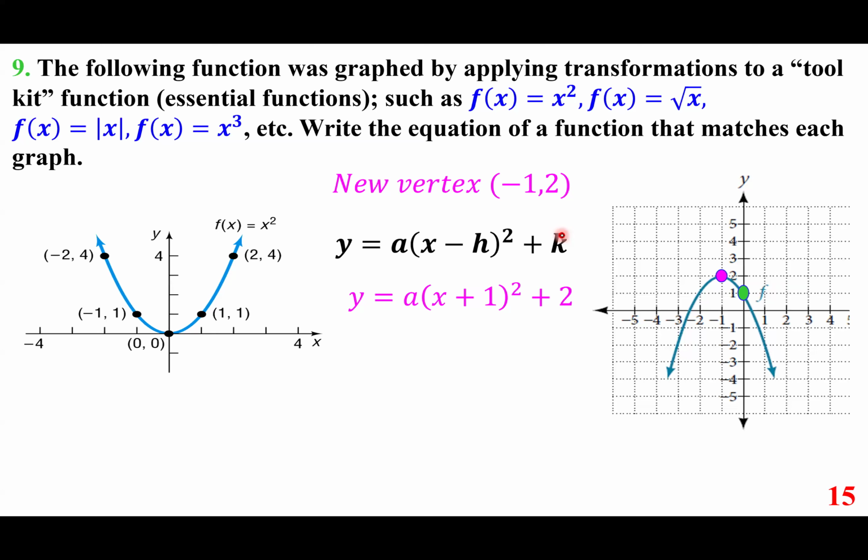So all we have to do is pick a point that is easily read. You can read this as 0, 1. And we are going to replace the x with 0, y with 1. That will help us find the missing a.